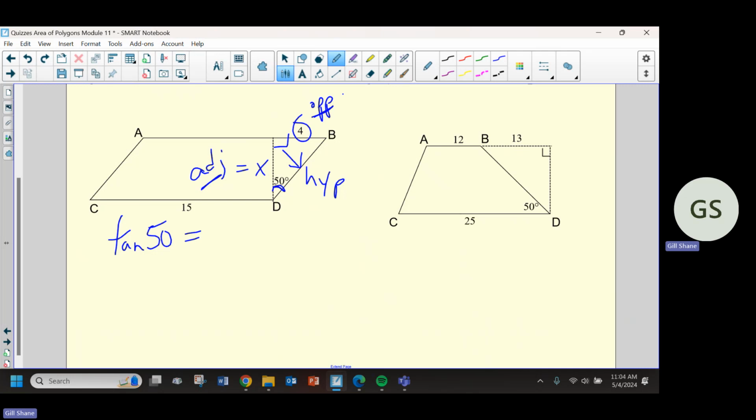And the formula is opposite over adjacent. A few people wrote the wrong setup. They put x over 4 or whatever the numbers were on your version. It is opposite over adjacent, which if you label them correctly, should be pretty easy to set up. Now, when I did this, what was the tangent? 1.192.